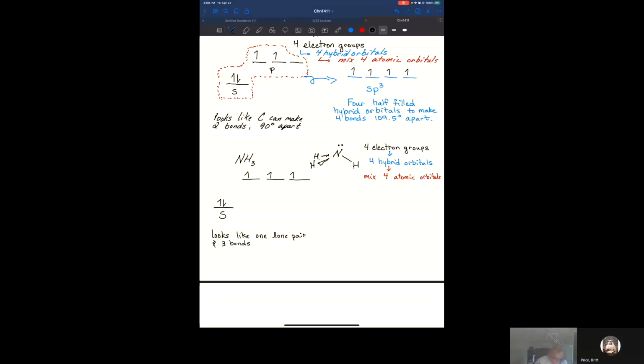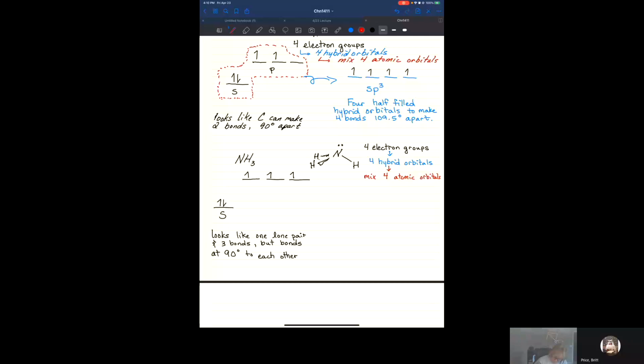The problem is those bonds would be at 90 degrees to each other. Can't have it. 4 electron groups, 4 hybrid orbitals.